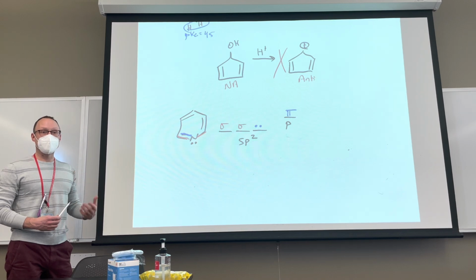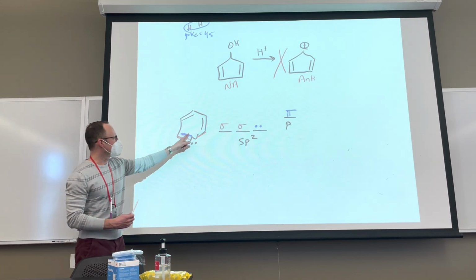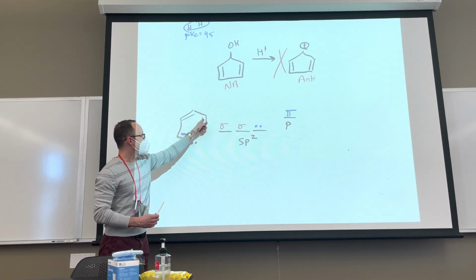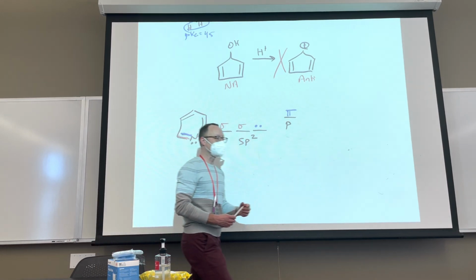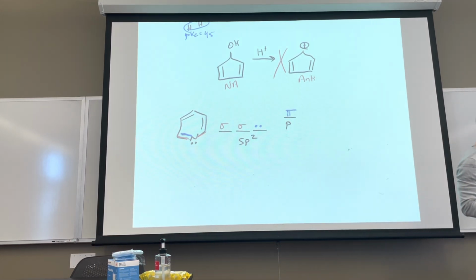So in terms of how many pi electrons you have, you've got the 2, the 4, the 6. 6 pi electrons, and so this compound, this is pyridine by the way, has 6 pi electrons, and thus it satisfies all criteria for aromaticity, and thus is an aromatic heterocycle.